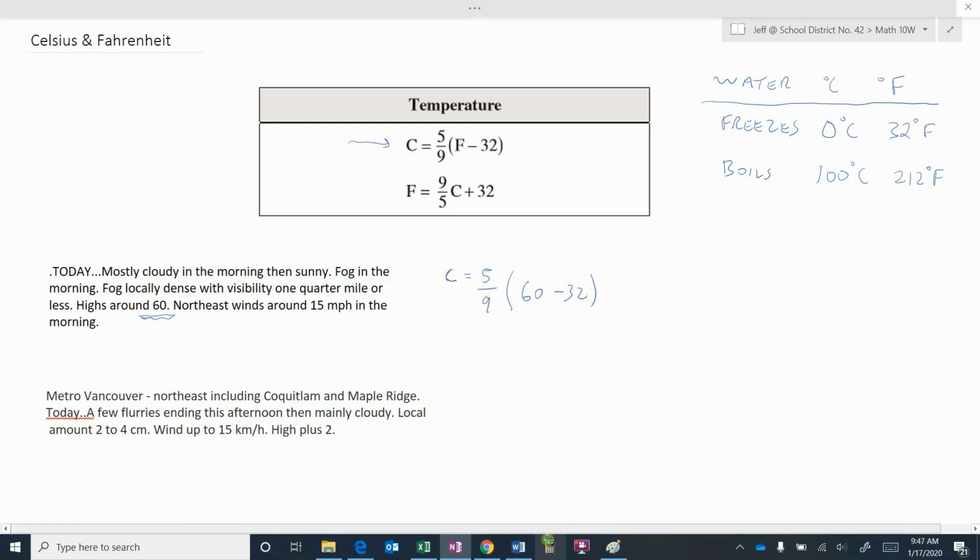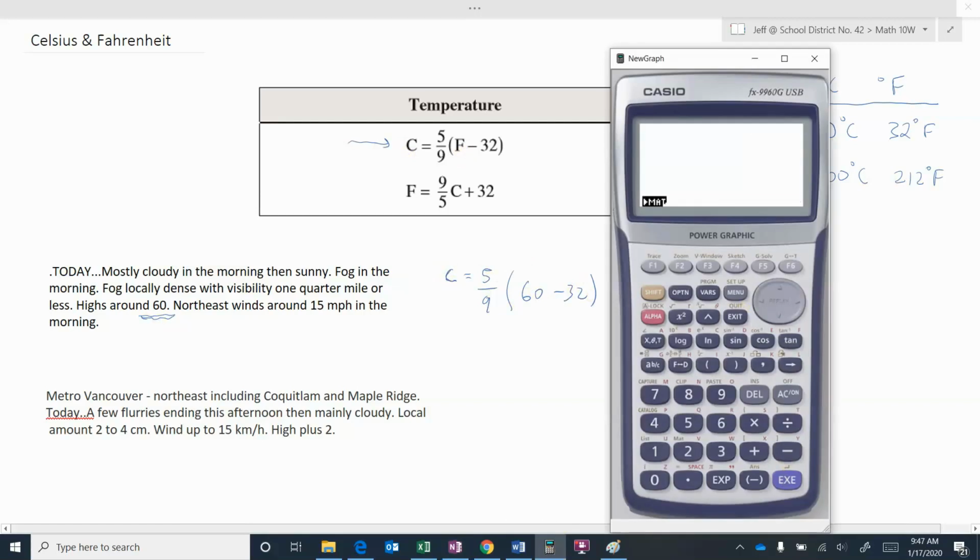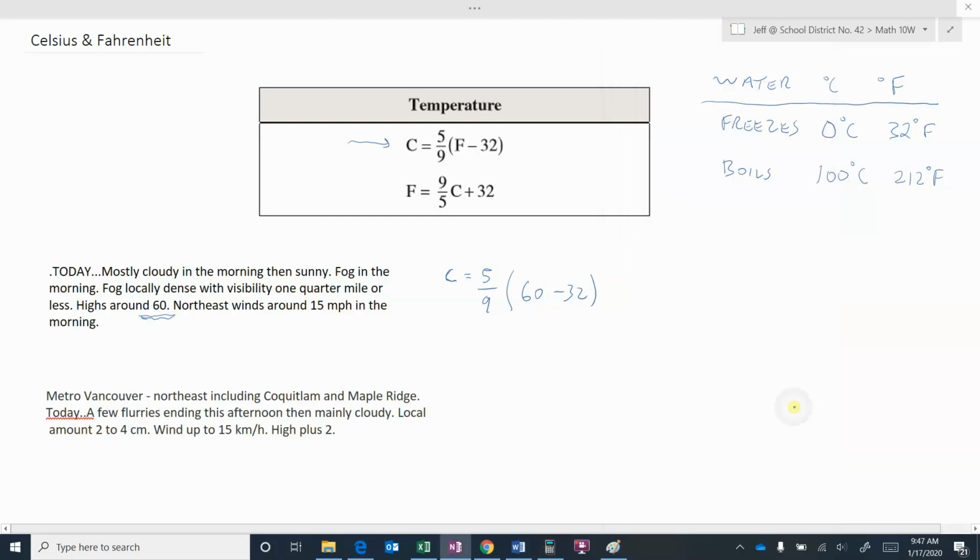We can get our calculator out, and we can go 5 divided by 9 times bracket 60 minus 32, close the brackets up, and we get a temperature of 15.5. Let's round that up to 16 degrees Celsius. Okay, so we know that it's about 16 degrees Celsius, so you probably want to bring a jacket if you're doing some rides at Disneyland on that day.